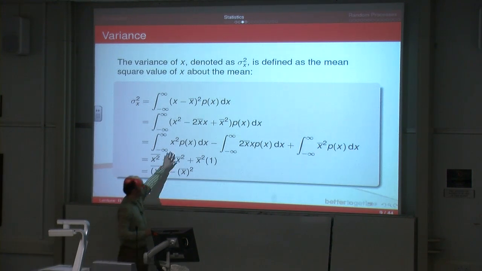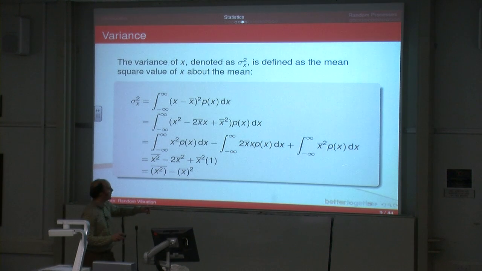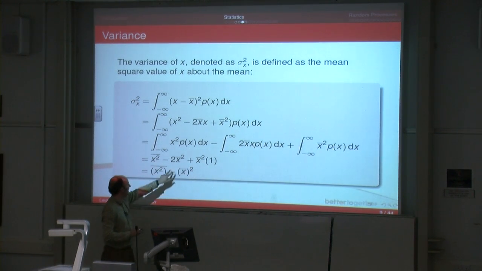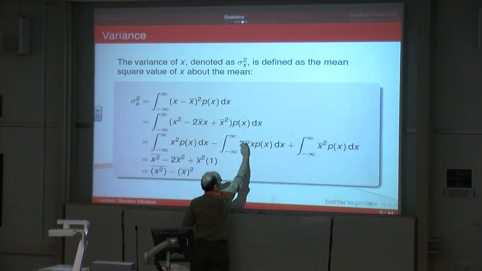This one over here is the mean squared, times by 1. So that's the mean square, and this is the mean squared. And then here we've got 2 x bar x, because this bit is a constant, so that can come out. That bit we've seen before, and that's just the mean, x bar.